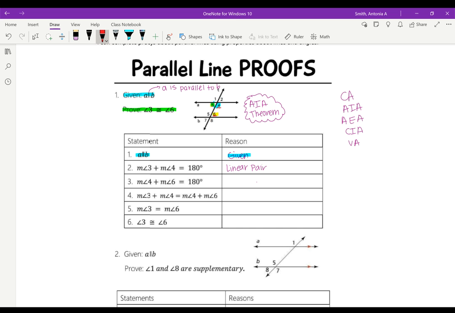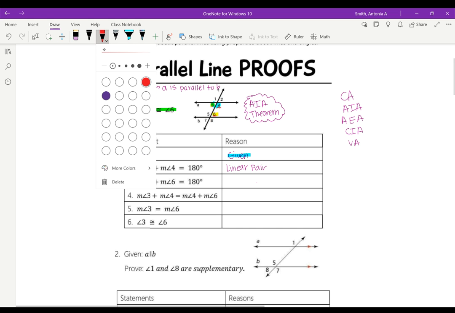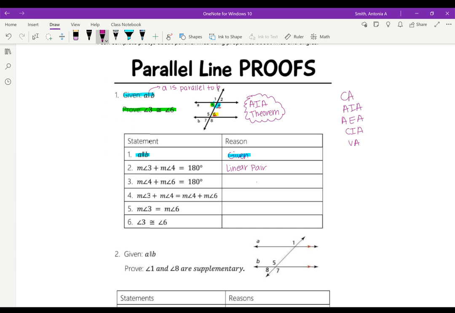And we know from another theorem, the consecutive interior angles theorem, that if your lines are parallel, then consecutive interior angles add up to 180 degrees. And that's going back to 6.1b. Put that here.